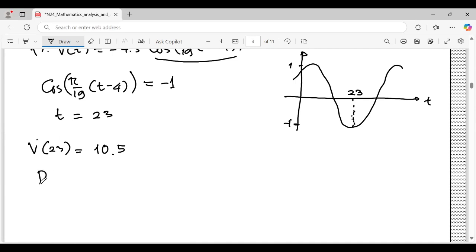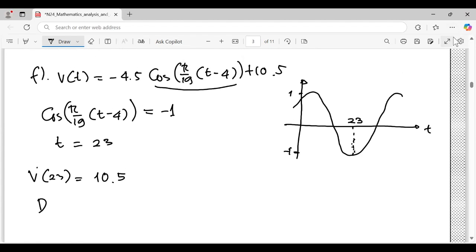So for the distance, wait, I have to explain this first. If we calculate phi at 23, it's going to be 0, because it is one round.